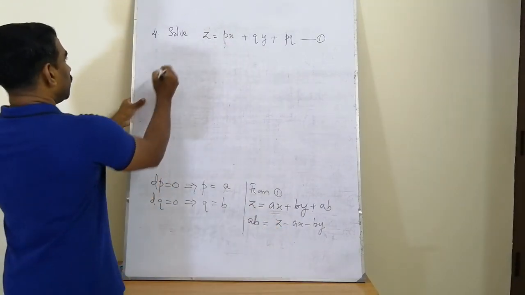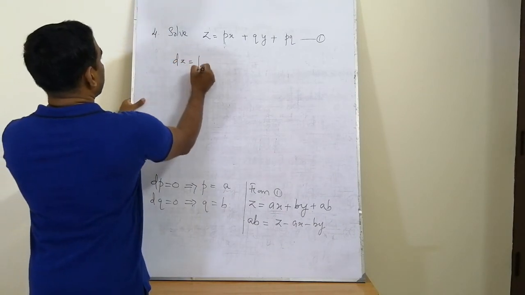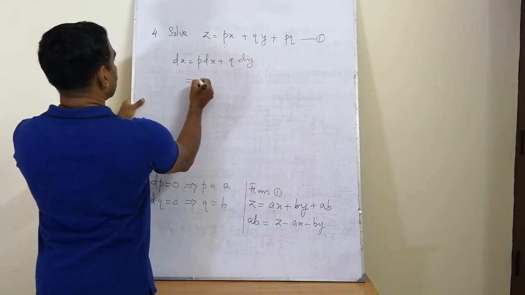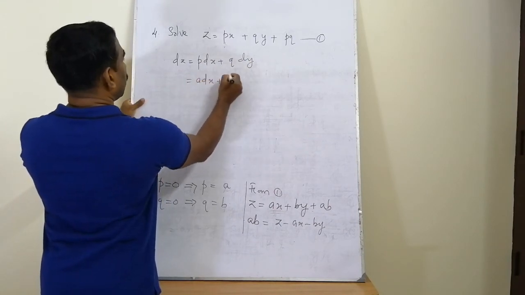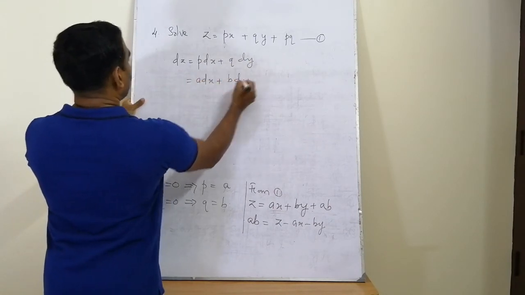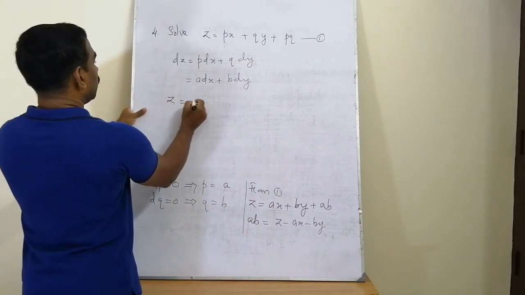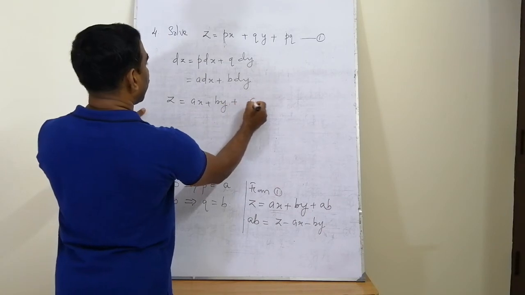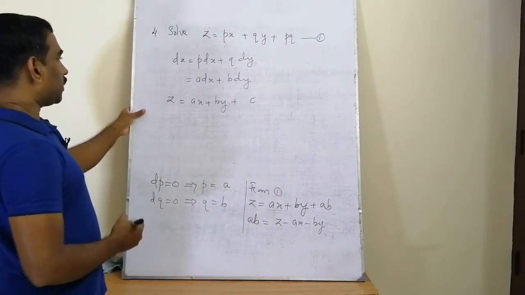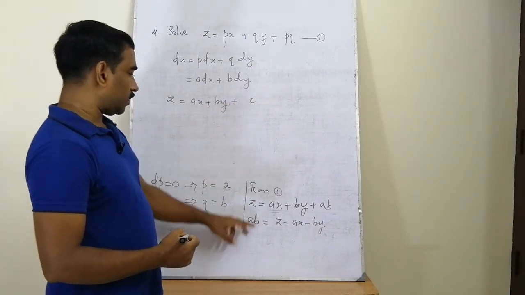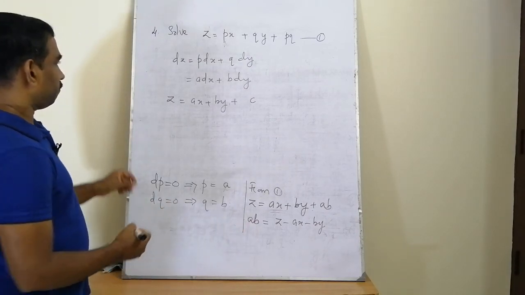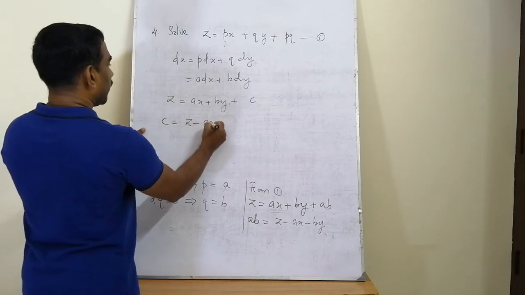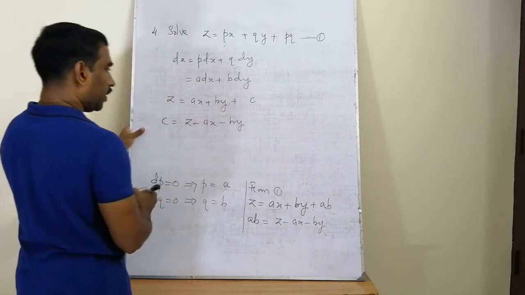Now the differential of the solution dz is equal to p dx plus q dy, that is a dx plus b dy. On integrating we get z is equal to ax plus by plus some constant of integration c. Now we can substitute for this c. What is c? c is equal to z minus ax minus by.